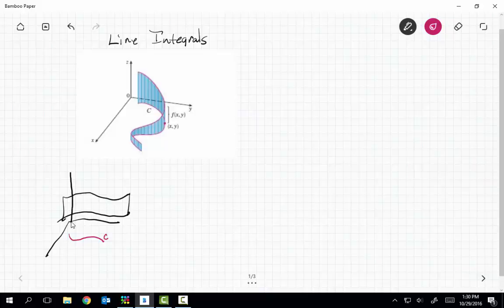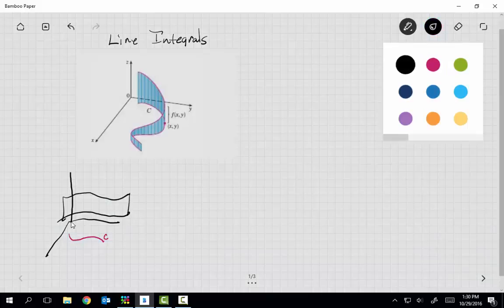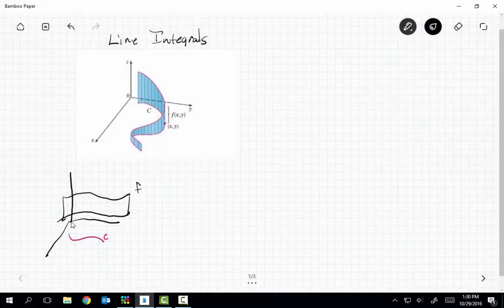This is C, and this is some point A, and this is B. Then I draw this curtain up, moving vertically up, because this is Z and this is X and this is Y. Up we go, and we get that little curtain.